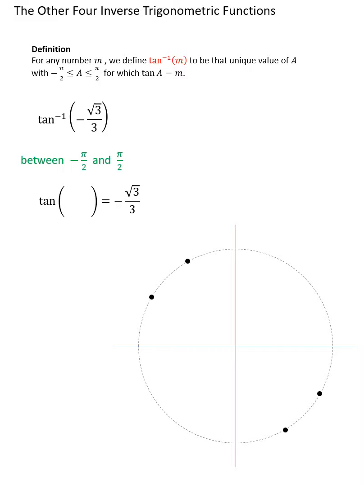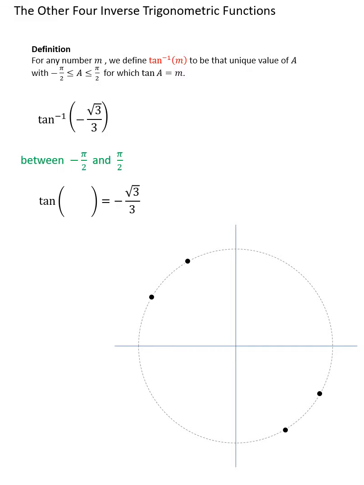And before we get into what those are, I'm just going back to basic unit circle knowledge here. But I'm also considering the fact that the tangent of blank has to be negative. Well, the tangent can't be negative in quadrant 1, and it can't be negative in quadrant 3.